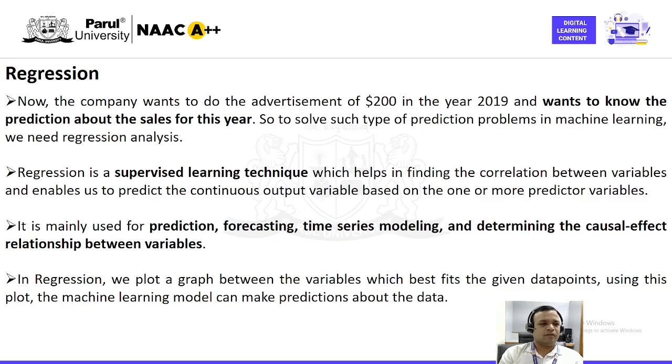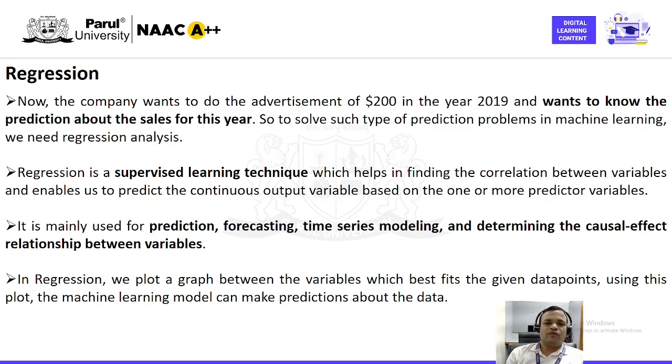Okay, now the company wants to do an advertisement of $200 in the year 2019, and wants to know the prediction about the sales of this year. To solve such prediction problems in machine learning, we need regression analysis.